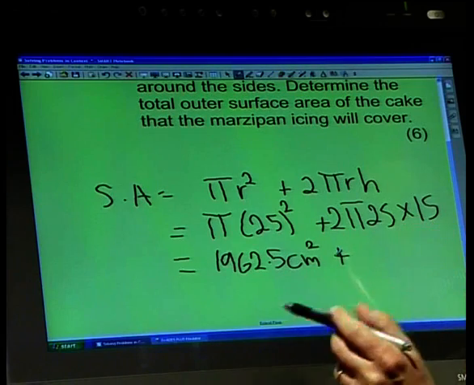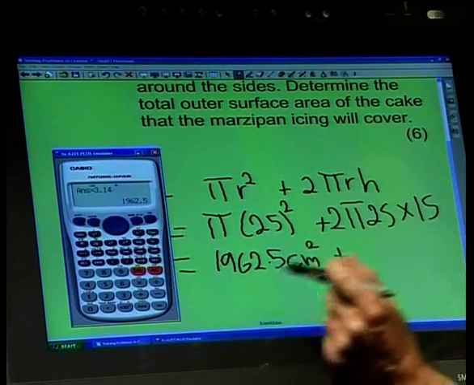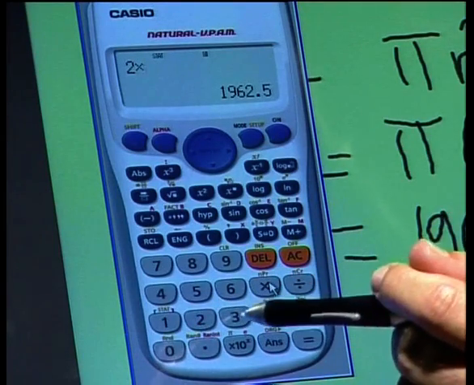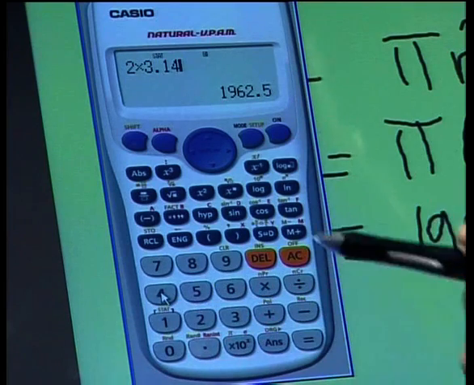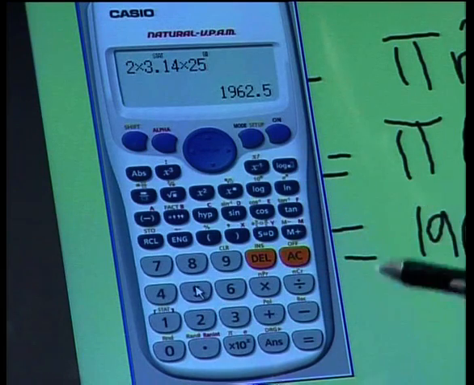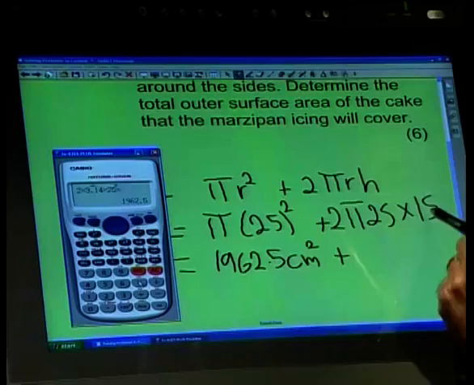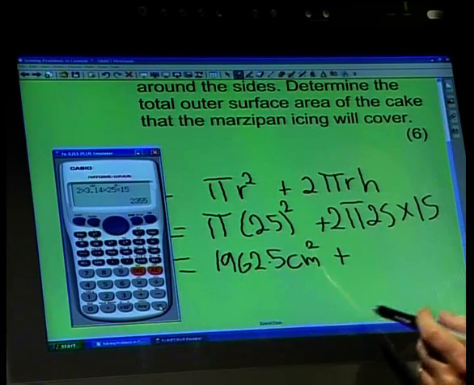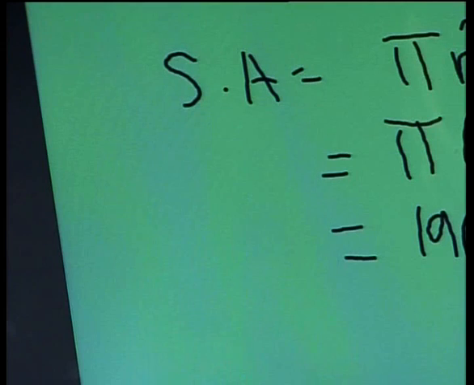And we're going to multiply the next part. 2 times 3.14, multiplied by the 25 again. That's the r, or the radius, and multiplied by the height, 15. And that gives us a total of 2,355.